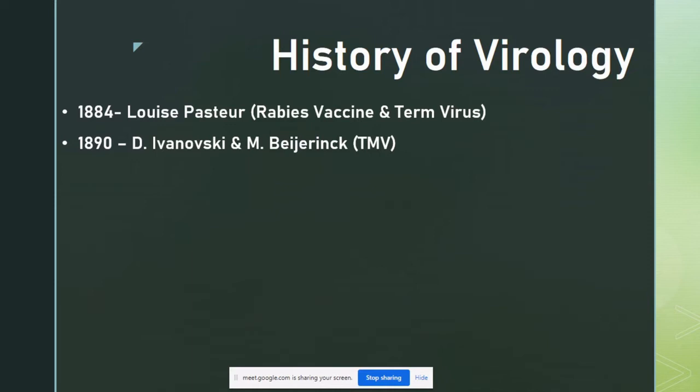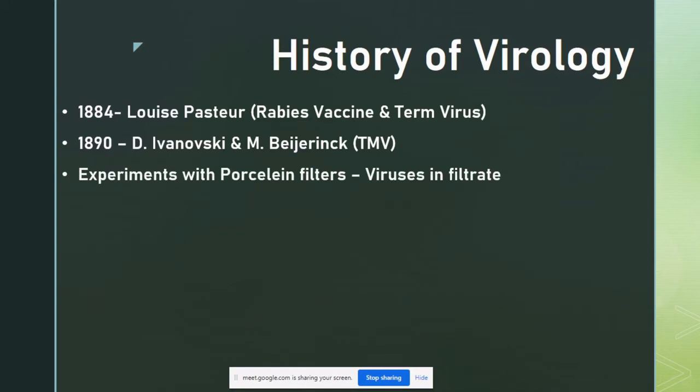These two scientists, what they did: there were already bacteria-proof filters in action. People were already processing bacteria in media and studying them in the laboratory. We could use different types of filters, which you have learned about in FY. Those porcelain filters they would take, and they would do experiments with them, retaining the bacteria on the filter, right?